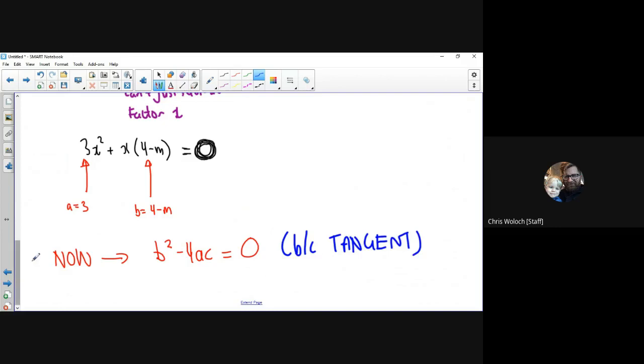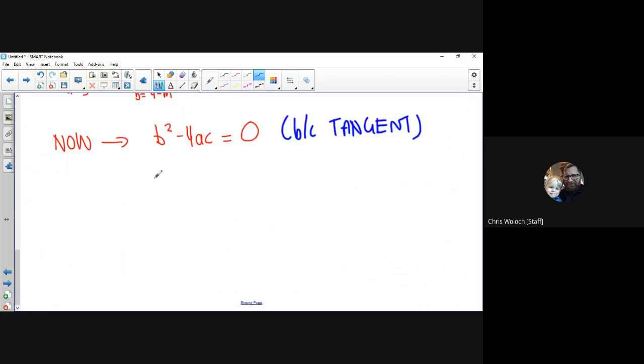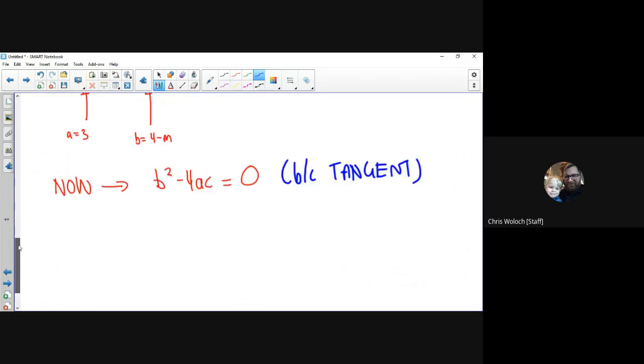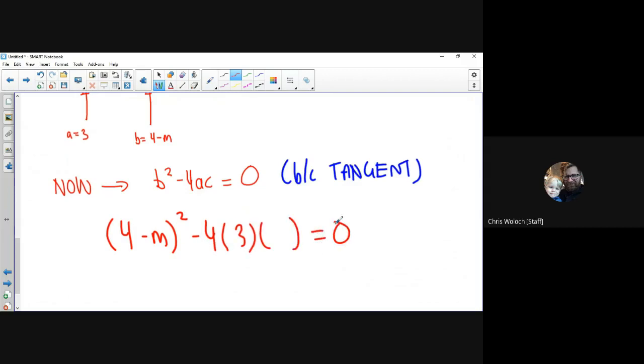So let us do that: 4 minus m, squared, minus 4 times 3 times c equals 0.